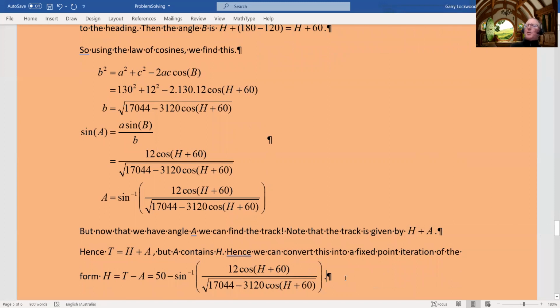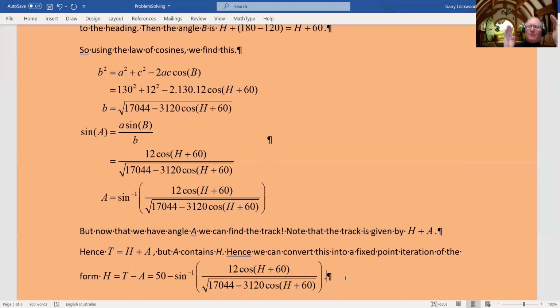Now, if you've done Newton's method in your maths courses, that is a method that will find a solution to an equation of the form f of x equals 0, and the formula has got x on both sides. And so what you do is you start with an x value, a starting value, which we call the initial value.